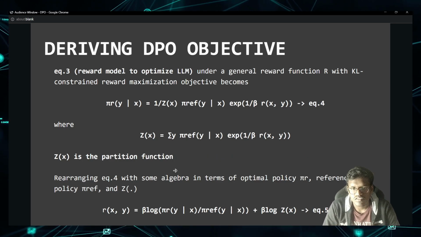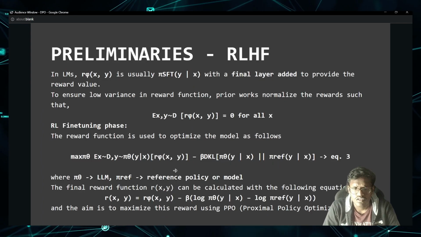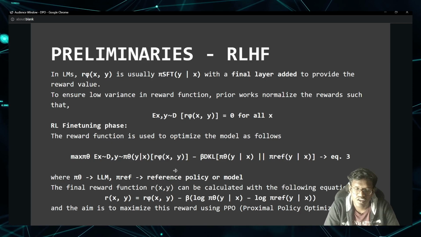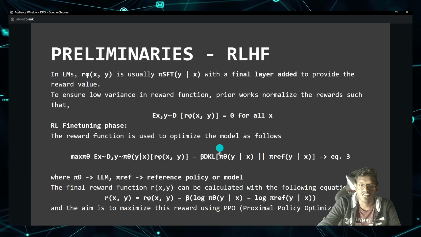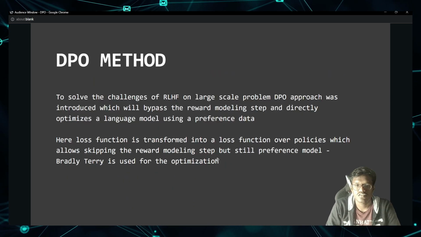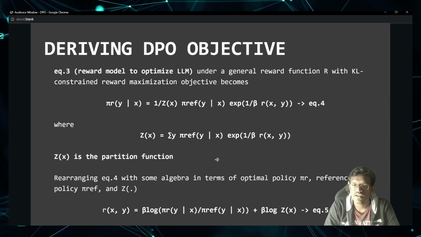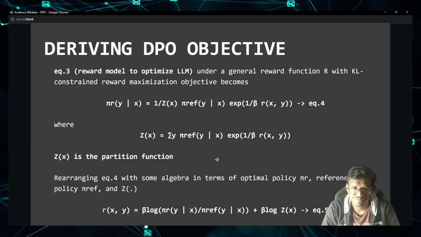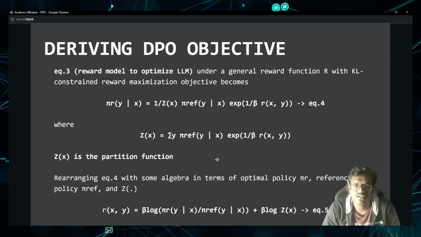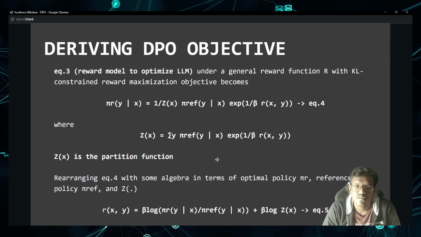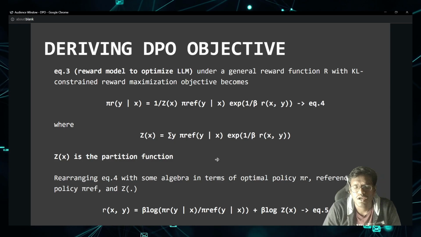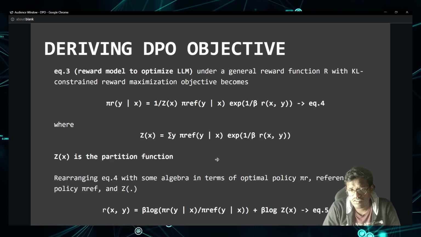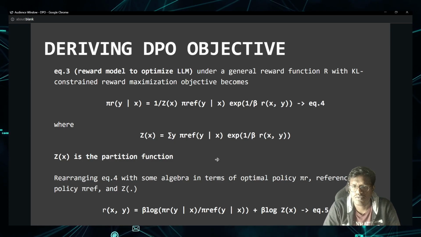Okay, equation 3, which is this reward function, the optimization problem which we have framed here, right? Based on the KL divergence constraint, this is rephrased under a common reward function R. So pi R of y by x is equal to 1 by z of x, pi ref of y, conditional probability of y by x, and exponential of 1 by beta r of x comma y.